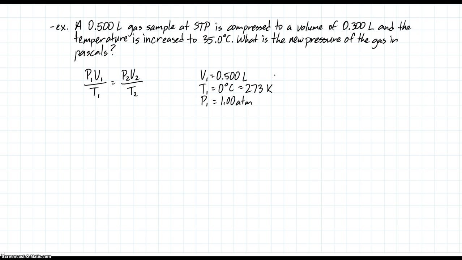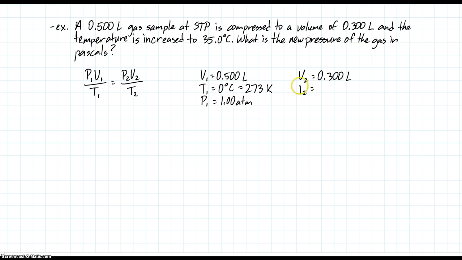We're also going to need to think about our pressure units later on, where you have our pressure P1 written down in atmospheres, and we want to get our new pressure P2 in pascals, but we can deal with that conversion at the end of the problem. If we look at what we know about the second situation, we have the volume is 0.300 liters.